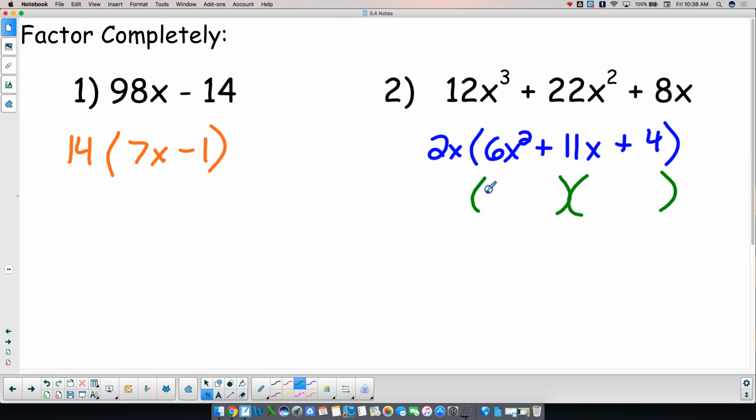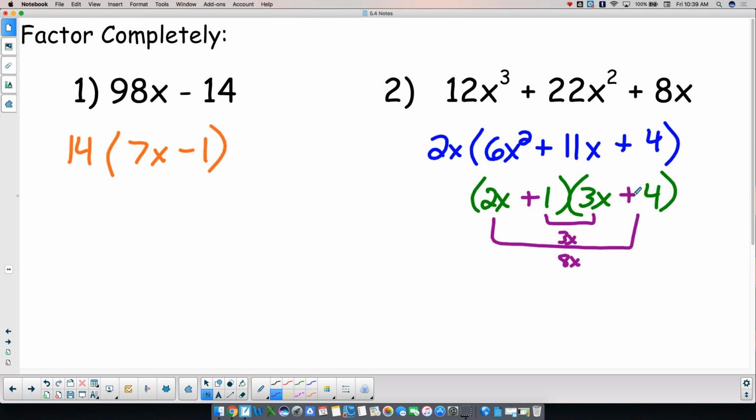I'm going to try 2x and 3x. I'm going to try 1 and 4. If I do that, then I get 3x and I get 8x. I add those two together and I get 11x. Nice!